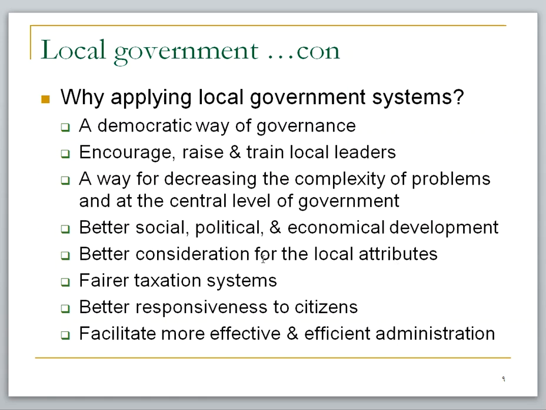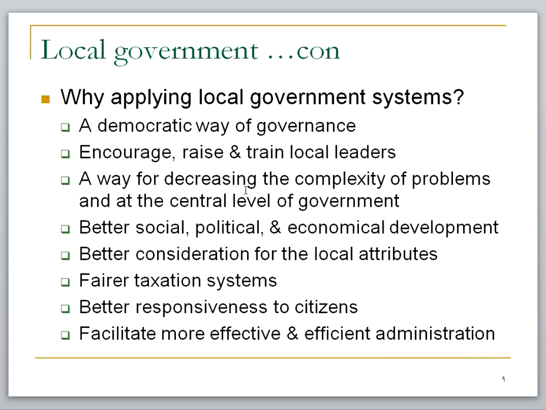So having control and governmental organizations in different geographic areas will be suitable for different attributes. Having fairer taxation systems according to different geographic areas, better responsiveness to citizens, and this is related to the democracy way of governance, facilitate more effective and efficient administration.